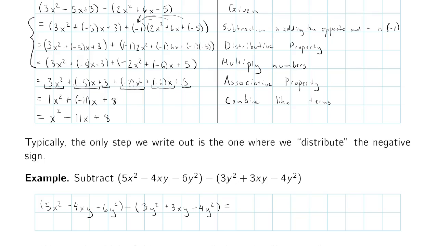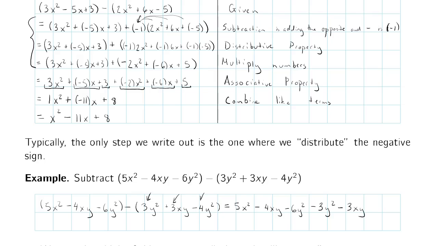So all of the terms of my first polynomial stay the same, 5x squared minus 4xy minus 6y squared. All of the terms of my second polynomial get negated. So instead of a +3y squared, I have a -3y squared. Instead of a +3xy, I have a -3xy.